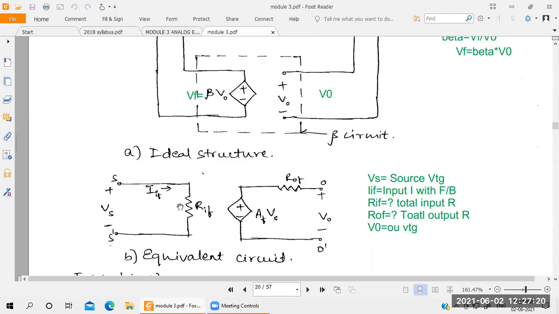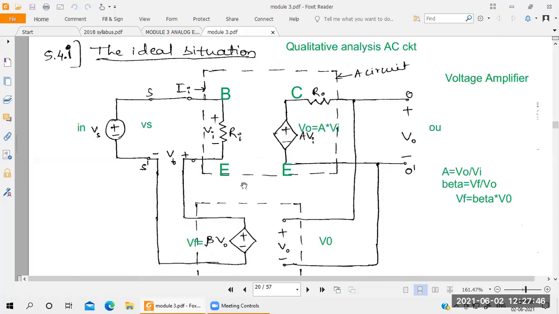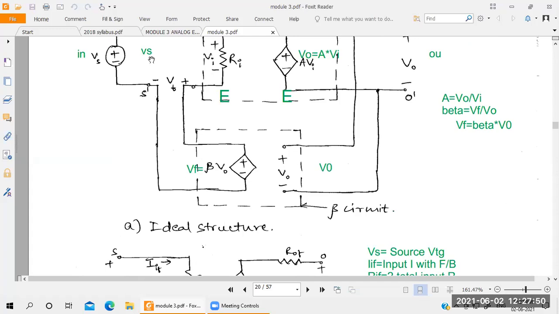So take now one voltage source that should be connected with the resistance, that is RIF. After that, you take the output voltage source from the amplifier here, using feedback also. Then you connect one V. Understood? So ROF means output resistance with feedback. RIF means input resistance with feedback. So this one is a simplified equivalent circuit for the amplifier with feedback here.